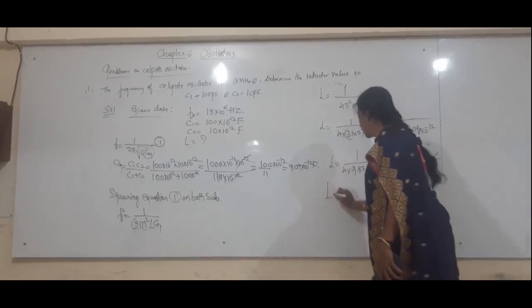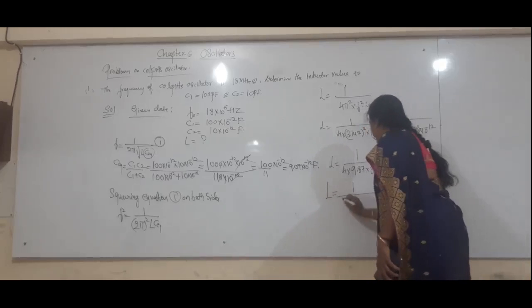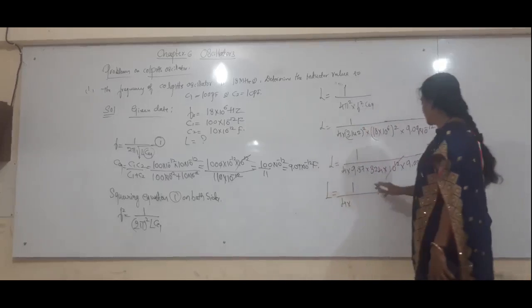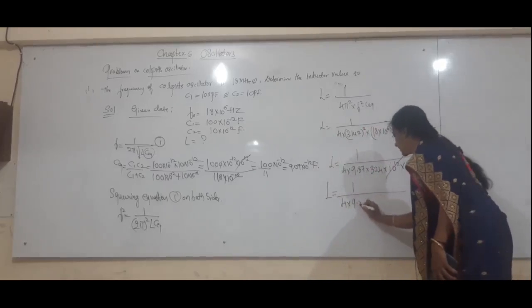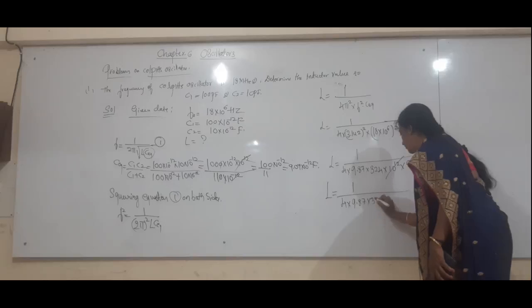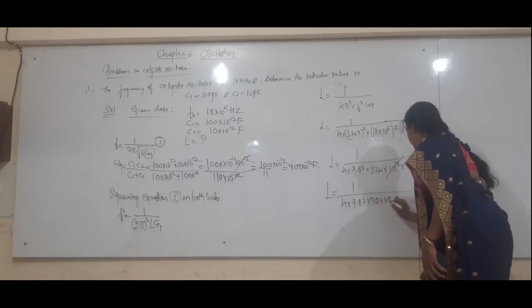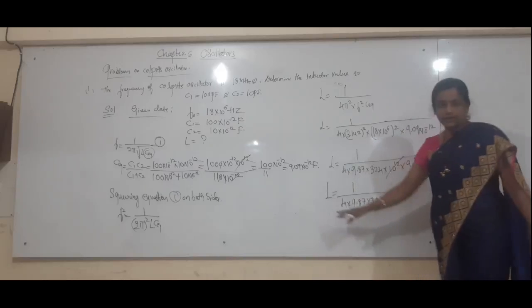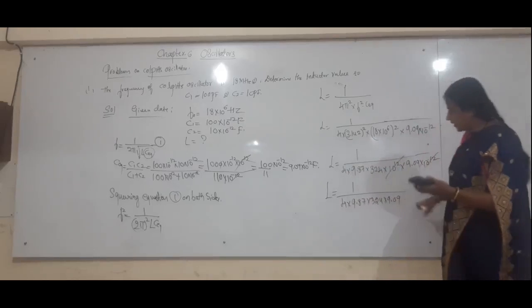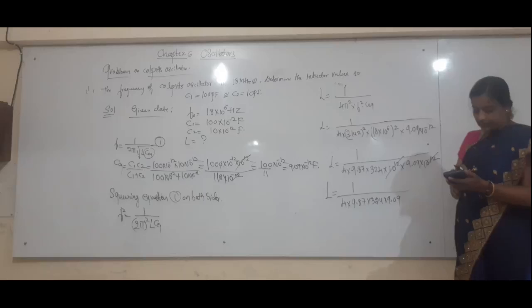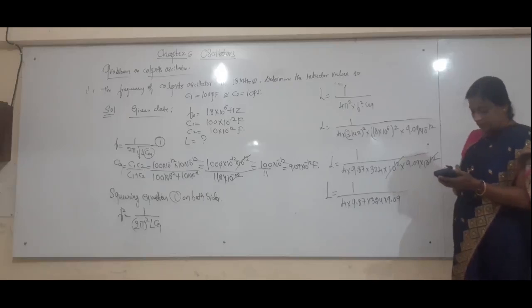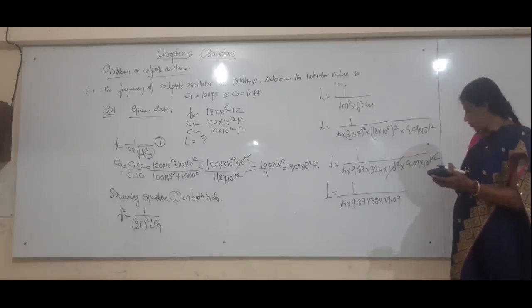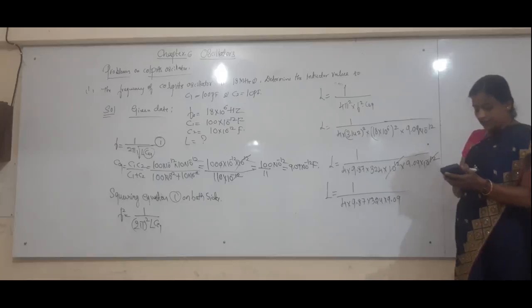So because of that we get L is equal to 1 divided by 4 into 9.87 into 324 into 9.09. So these are the remaining terms. So now multiply all these terms here, that is 4 into 9.87 into 324 into 9.09.